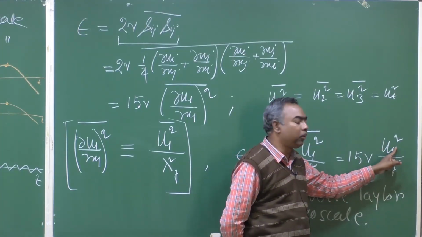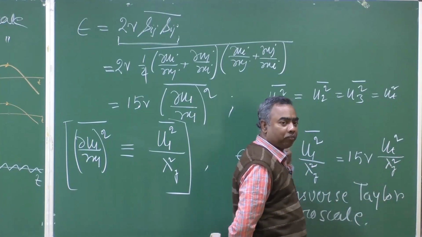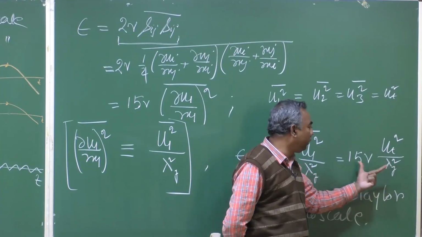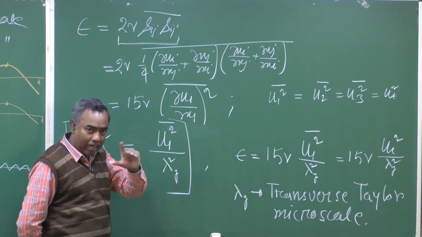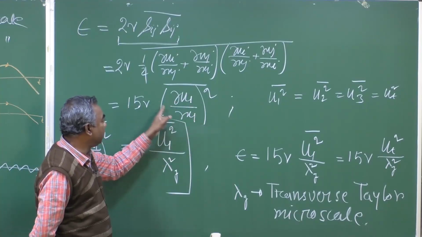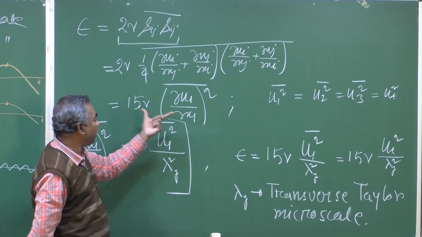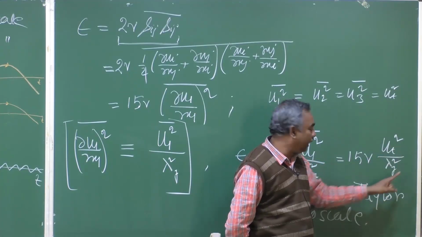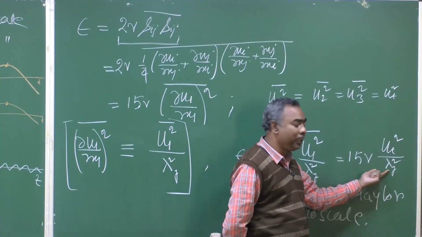If we consider a turbulent velocity scale here, then to get an estimate of epsilon for the isotropic turbulent case, we have to use another length scale, which will give you the estimate of this quantity. That means in an actual isotropic turbulent flow, if you would like to measure this quantity and find the epsilon value, whatever value it comes to, if you use u t square, then you have to use the length scale to get the same value, and that length scale is found to be lambda g square.